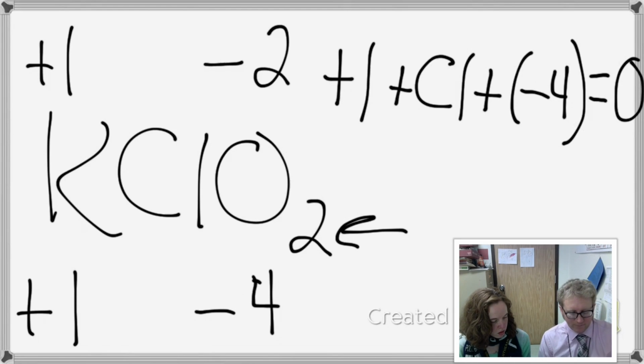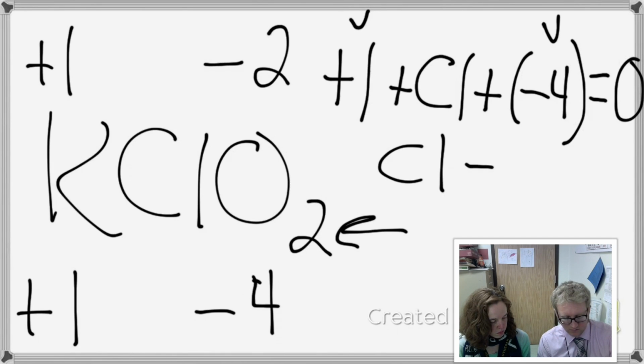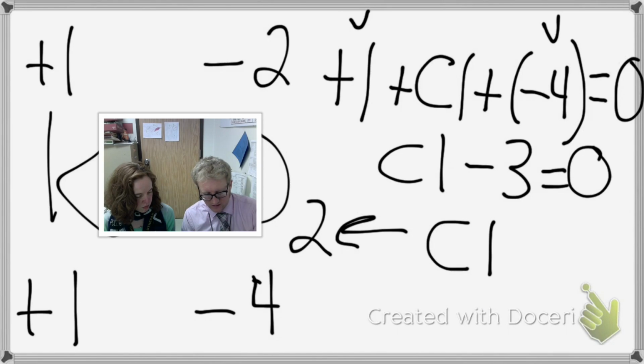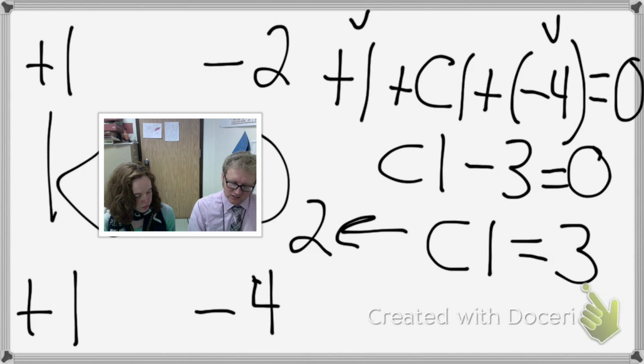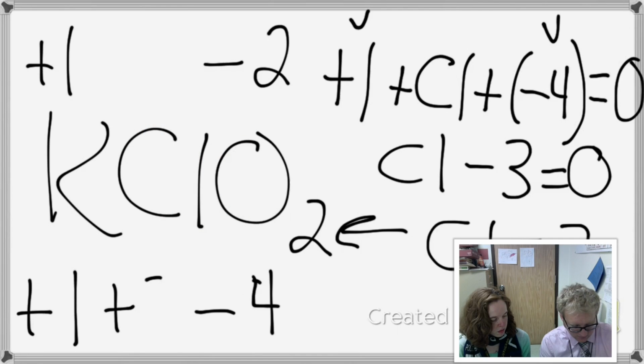I can combine my 4 and my 1, so that's minus 3. So Cl minus 3 equals 0. If I add 3 to both sides, Cl equals 3. So now we're saying that chlorine is plus 3.